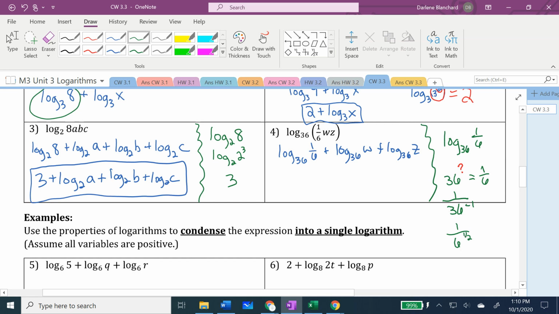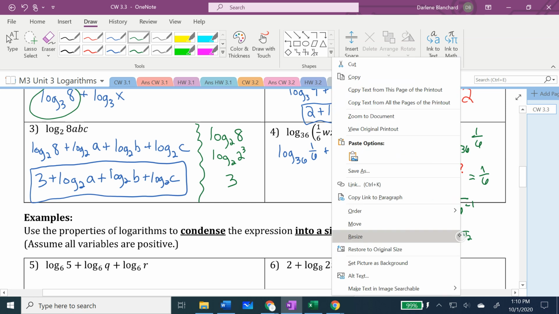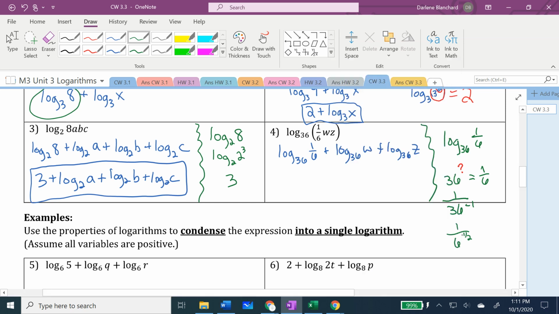Am I messing myself up? Basically, what you need to see is that the exponent you need is negative 1/2. So negative 1/2 plus log base 36 of w plus log base 36 of z. I definitely consider this to be a very big challenge, figuring out that this exponent needs to be negative 1/2.